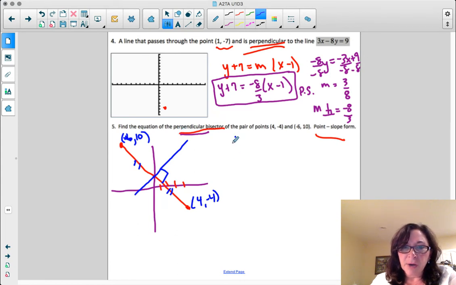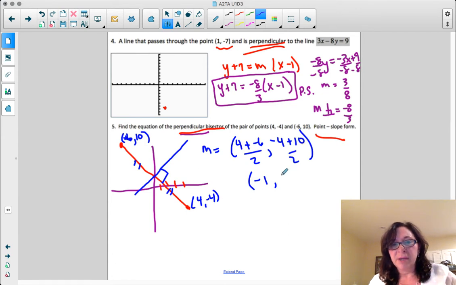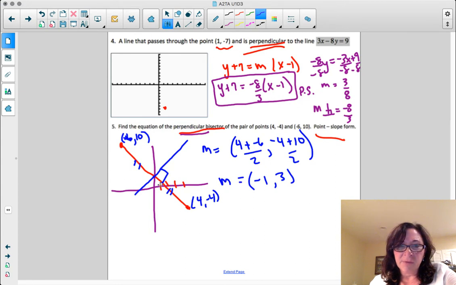So midpoint is equal to 4 plus negative 6 divided by 2, and negative 4 plus 10 divided by 2. And so 4 plus negative 6 is negative 2 divided by 2 is negative 1. Negative 4 plus 10 is 6. 6 divided by 2 is 3. So my midpoint is negative 1, 3.